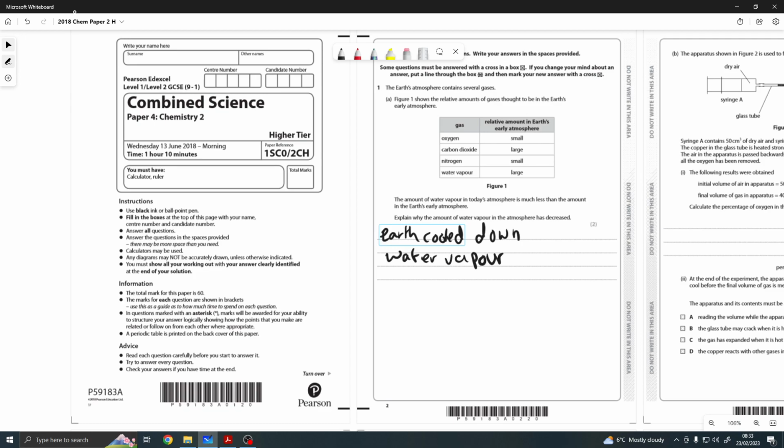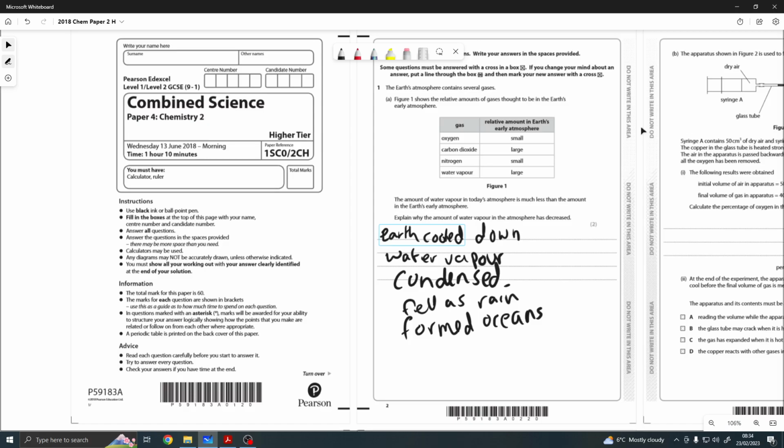It condensed. Fell as rain. I'm going to write more than you need to, because why not? Fell as rain and formed oceans. Again, another paper may ask for something more specific than that, so I thought I'll write it all anyway. So, it condensed, fell as rain, and formed oceans.